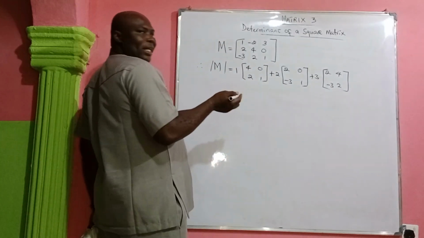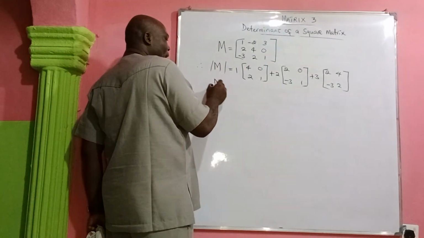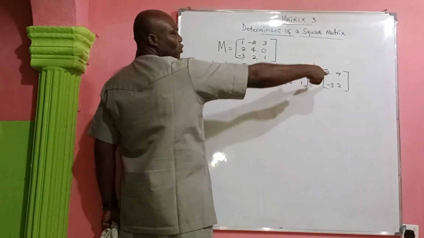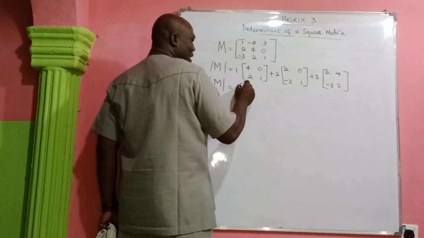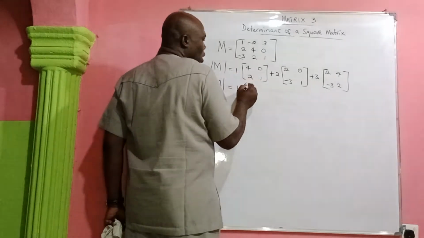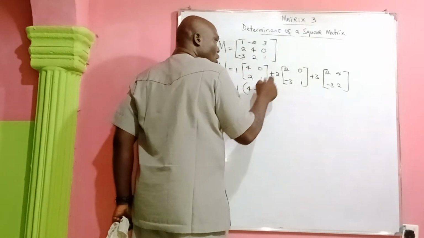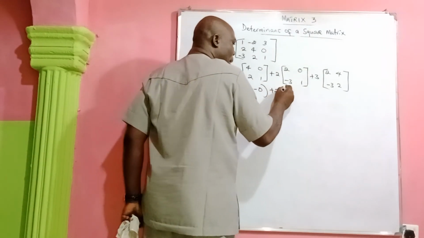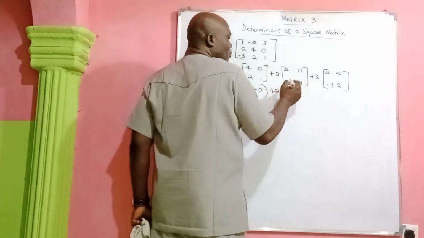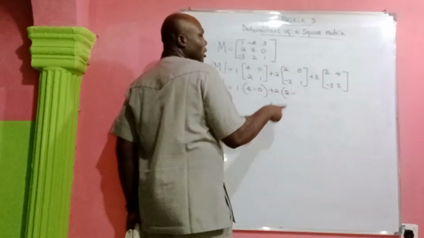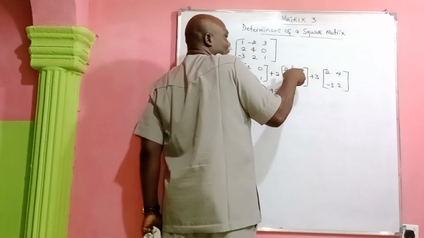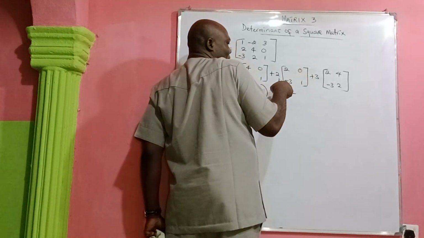Now we can go straight to the determinant, because what you now have is 2 by 2. So you have 1 times 4 is 4, minus 2 times 0 is 0. We'll bring down plus 2. We'll open our bracket. 2 times 1 is 2, minus this times this.